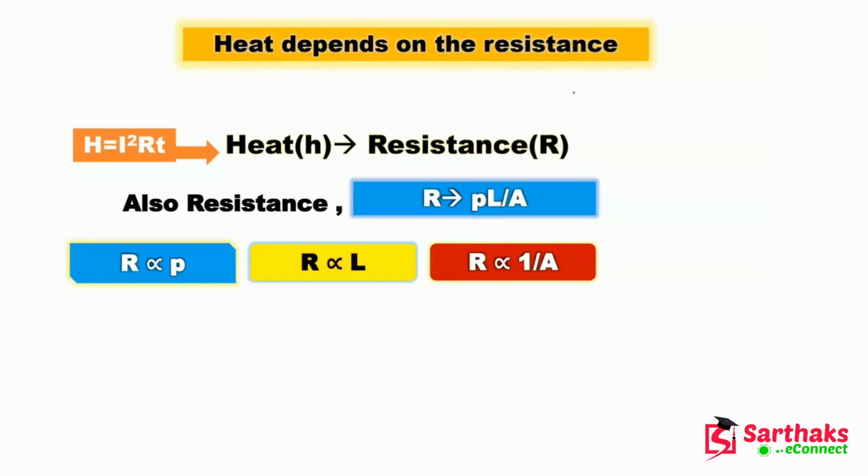So basically, if I want to make a coil which produces lots of heat, how can I do that? We know that the heat generated is proportional to the current in the circuit. So if I increase the current, then heat generation will also increase. The other thing which can be done is resistance.